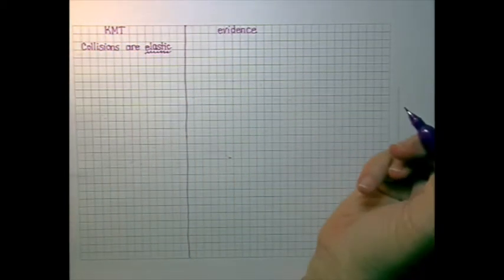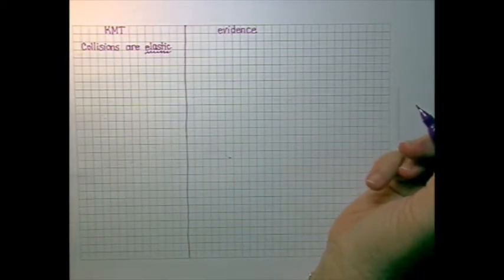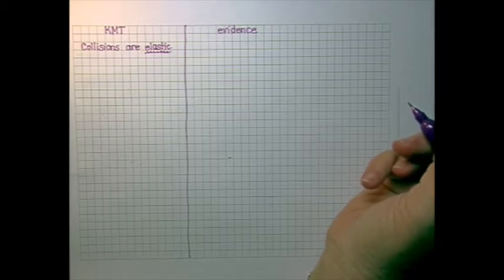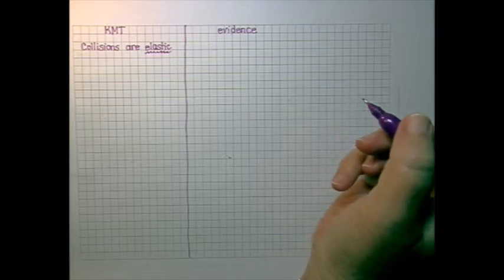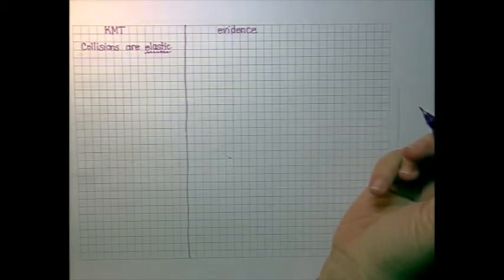And so we need to pause for a minute and talk about elastic collisions and inelastic collisions. We have a lot of different forms of energy, right? Heat, light, sound, electricity, magnetism, kinetic energy, gravitational potential energy, chemical potential energy.